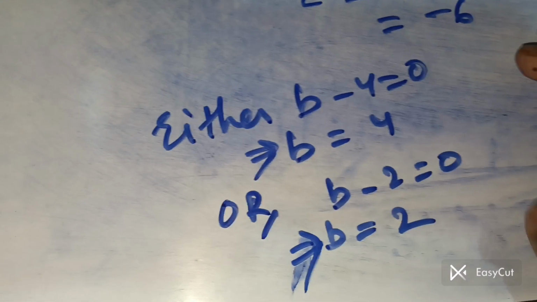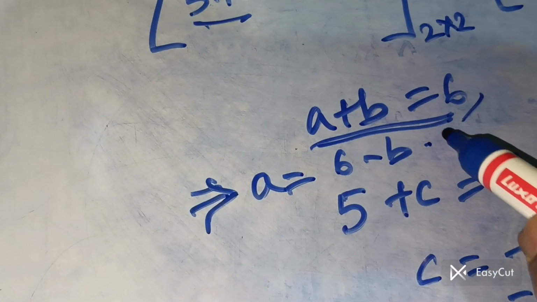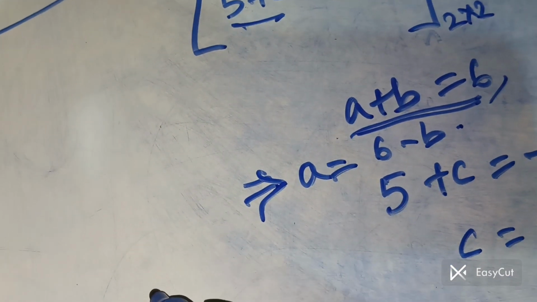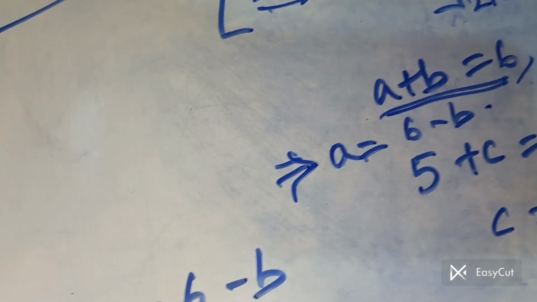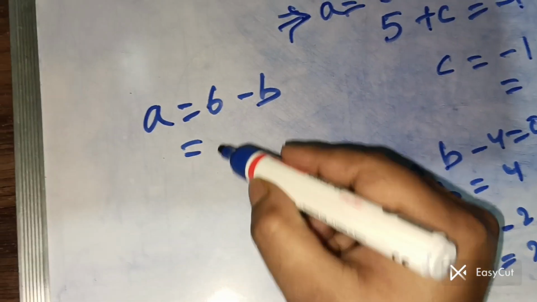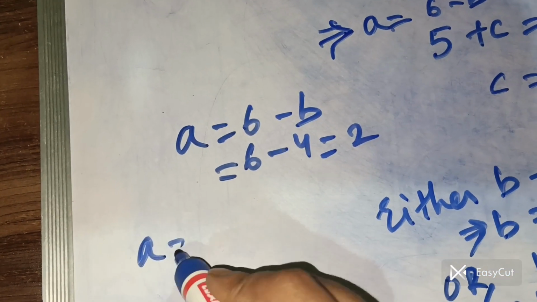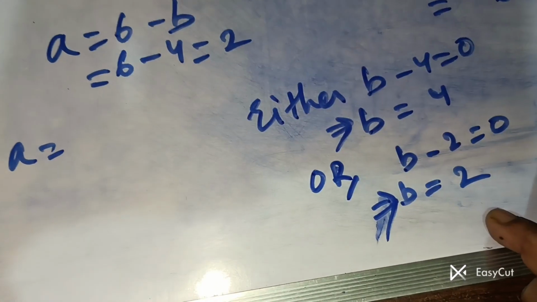So for two values of B, we will also get two values of A, because A was 6 minus B, isn't it? So A will be equal to 6 minus B. First we are taking B equals 4. So 6 minus 4 is 2. Then again we are taking B equals 2.